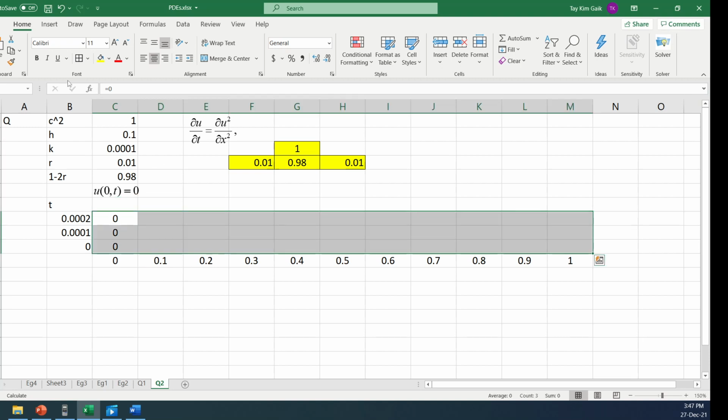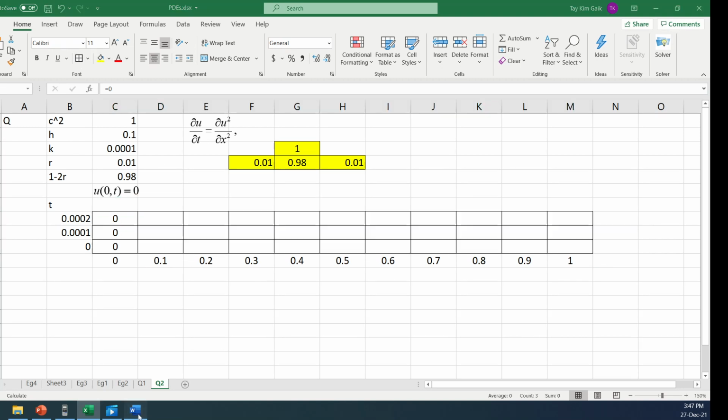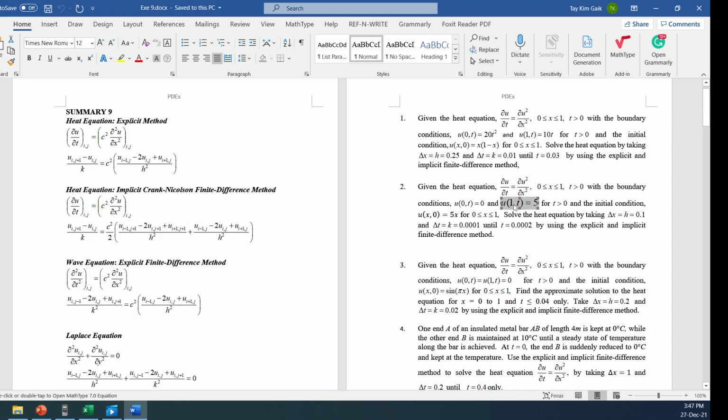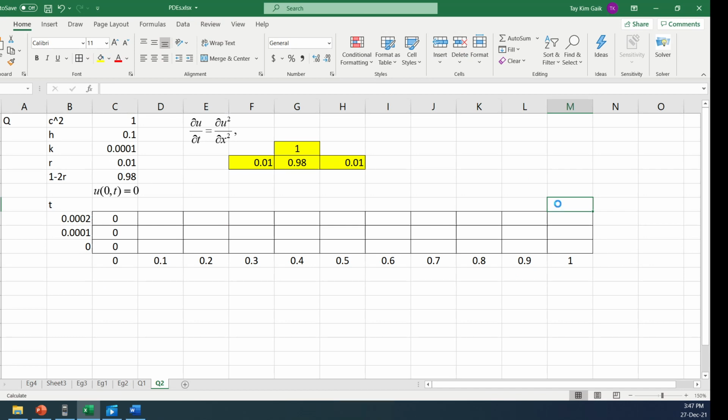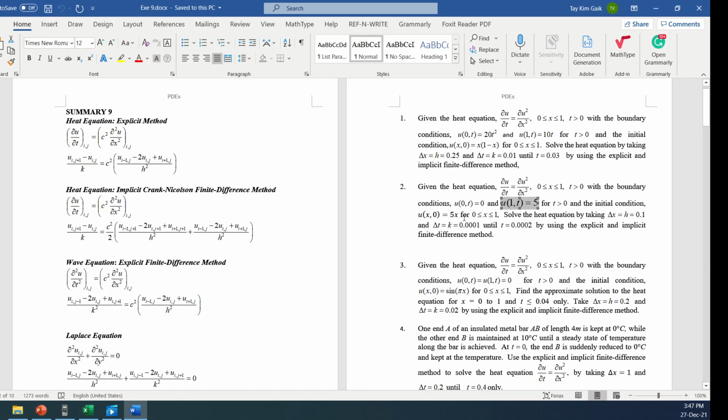Okay, these are the grids. And the right boundary, u(1,t) equal to 5, means when x equal to 1, u equal to 5. So type equal 5, and then you just copy it down. Okay, later on the initial conditions.